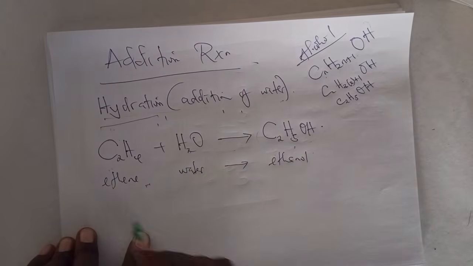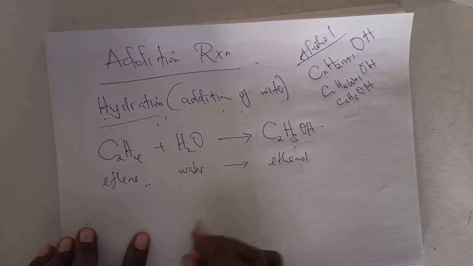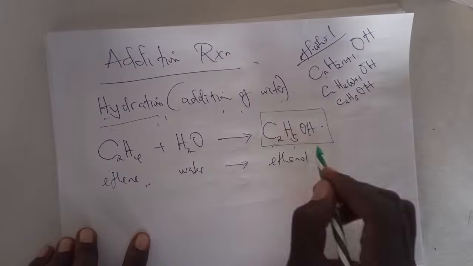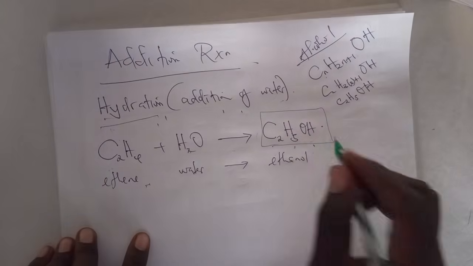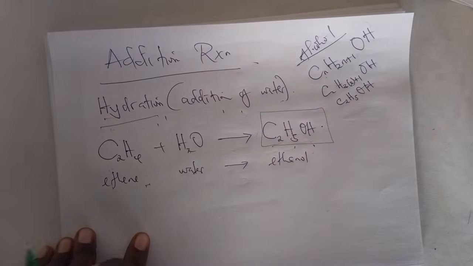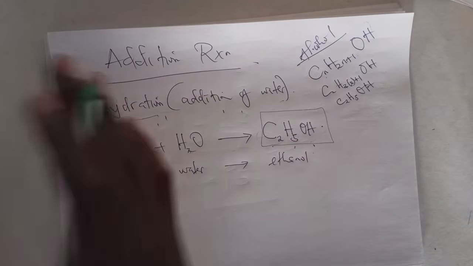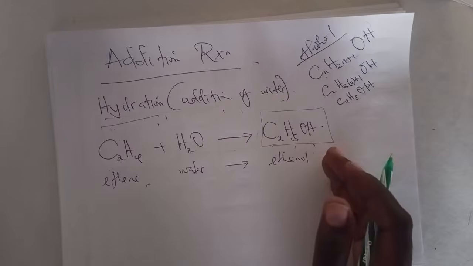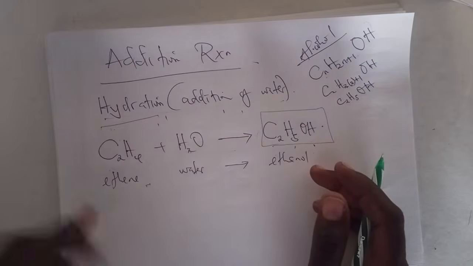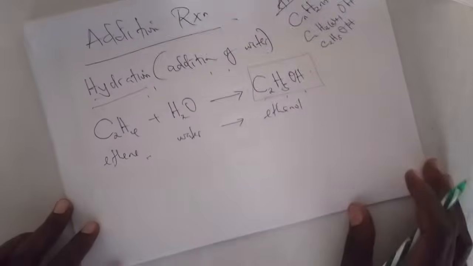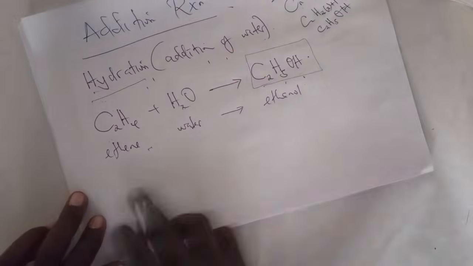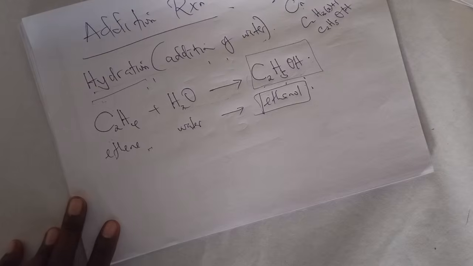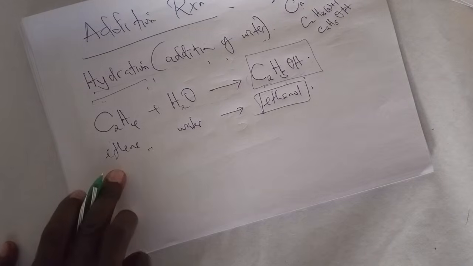By the way, apart from fermentation, this is the other process by which an alcohol is prepared, particularly ethanol, where the hydration of ethene takes place. I thought I should mention this. So now, when this happens, you gain an alcohol called ethanol when you use ethene.